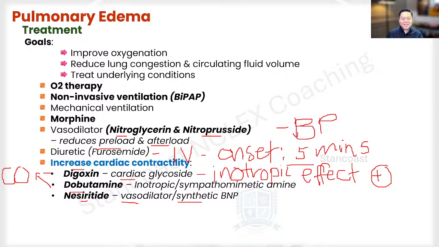Well, it actually will mimic the effect of the endogenous BNP. And so this will now cause the vasodilation, and it will also cause a reduction in the preload. It will reduce the preload and also decrease the afterload.